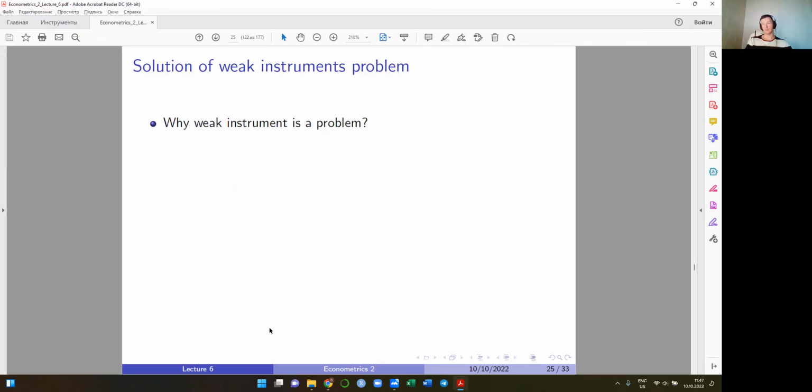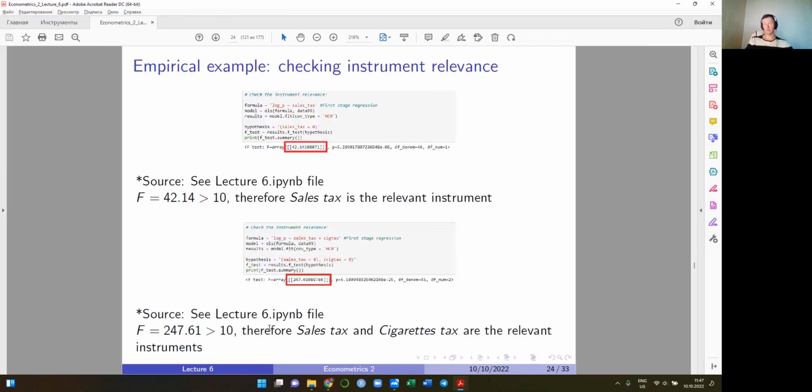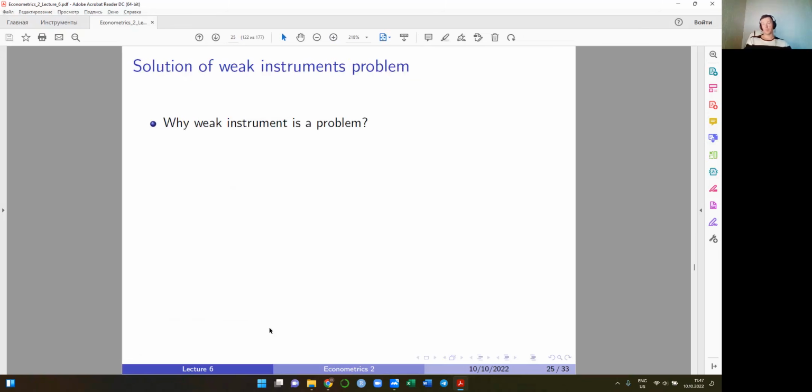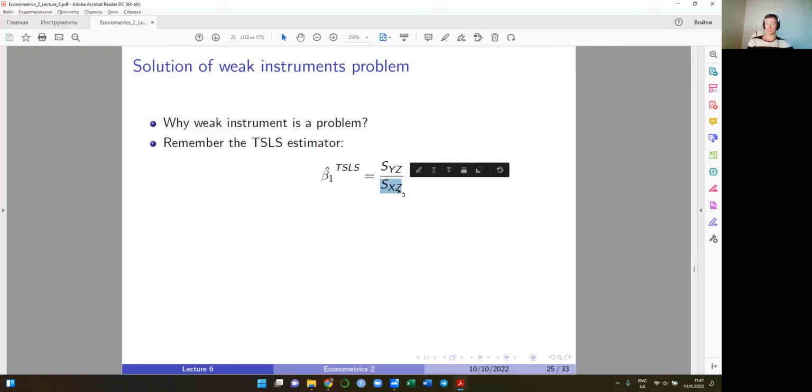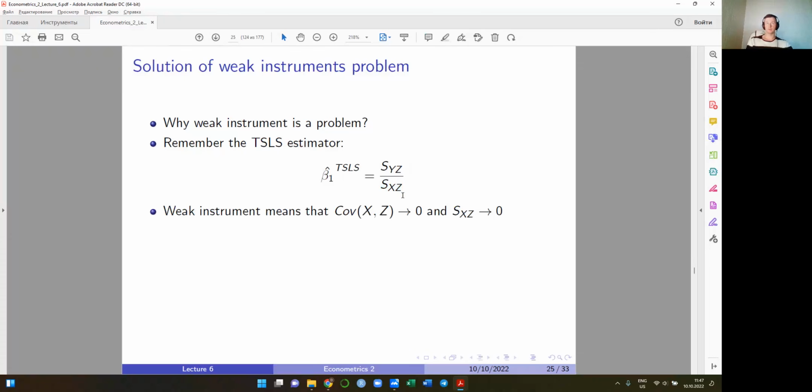If the F statistic is less than 10, we're in trouble. Why? If we observe this simple formula for the two-stage least squares estimator here, what do we have in the denominator? We have the covariance between x and z. If this covariance goes to 0 in population, the estimate of this covariance also goes to 0.